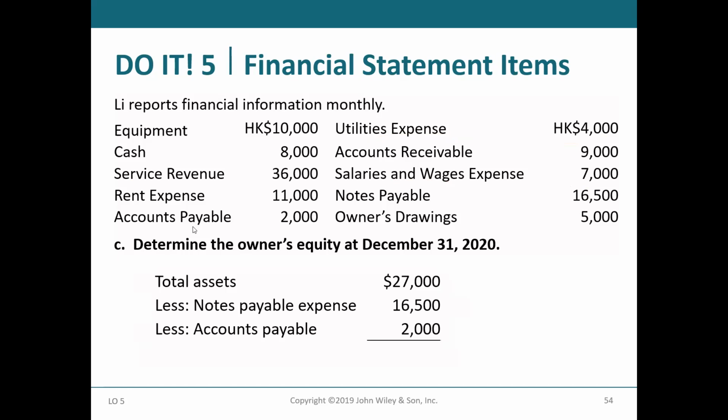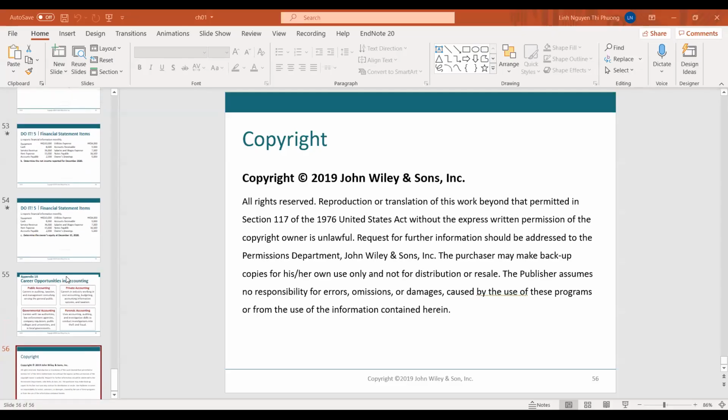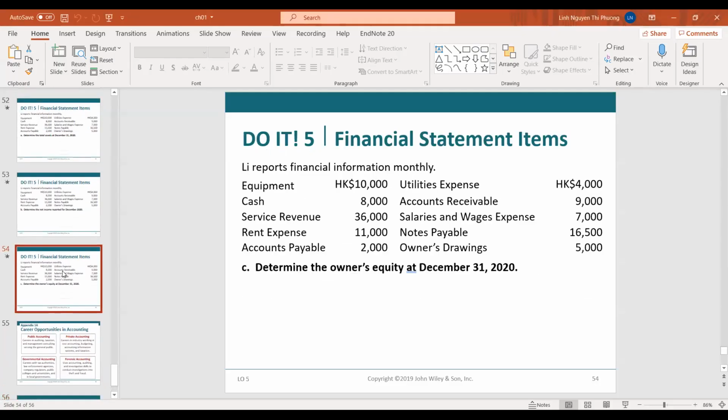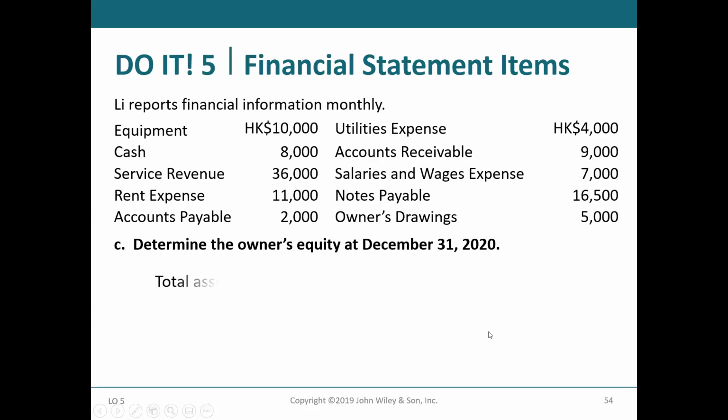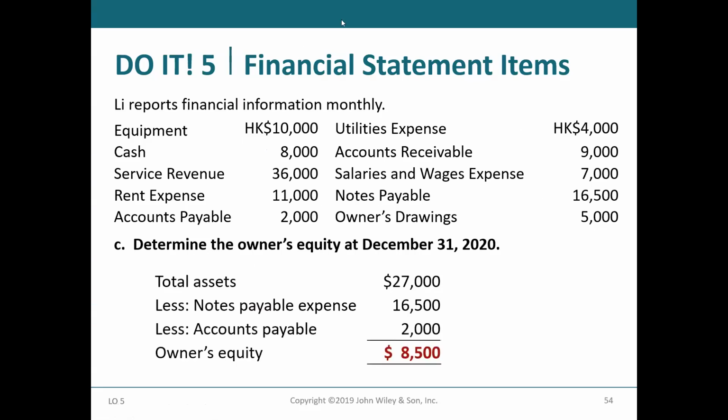This one, I'm sorry, it should be notes payable, not a payable expense. Let me correct that. So this one should be notes payable. So we have assets minus liabilities, and that will give us owner's equity.